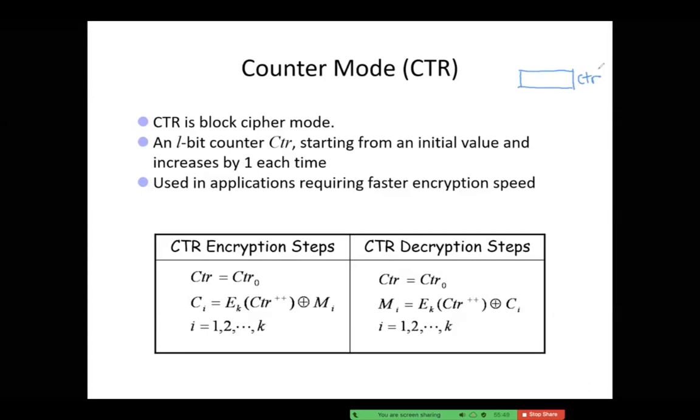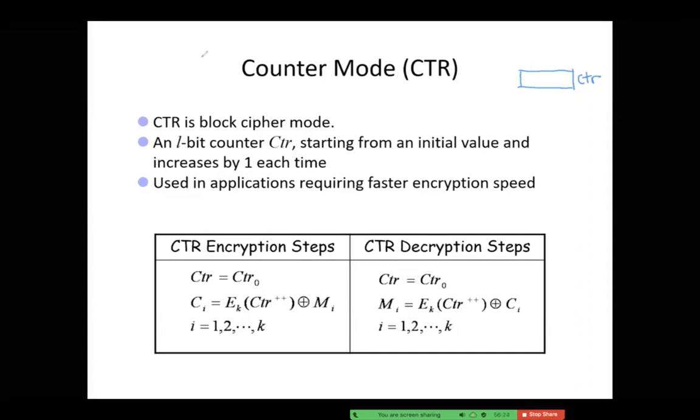And then I'm going to increase this value. So whatever the value is here, let me remove this arrow.